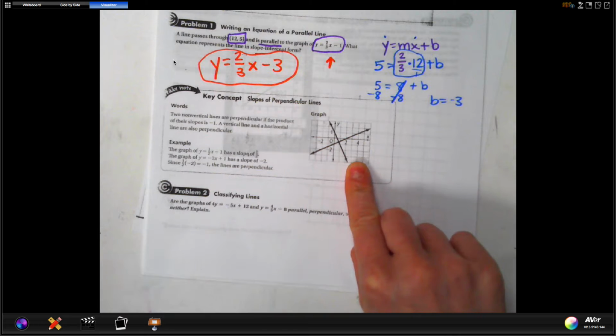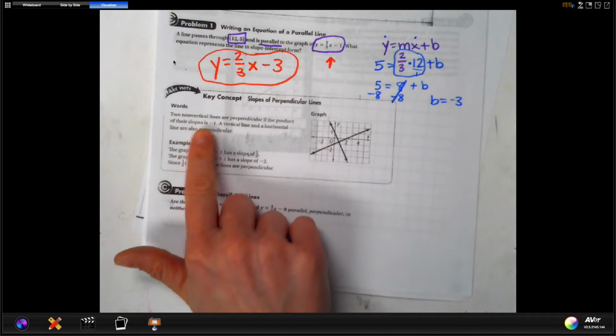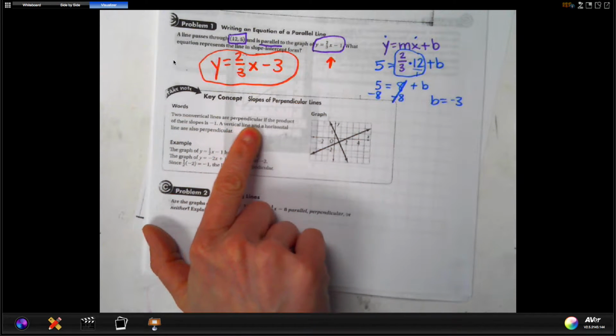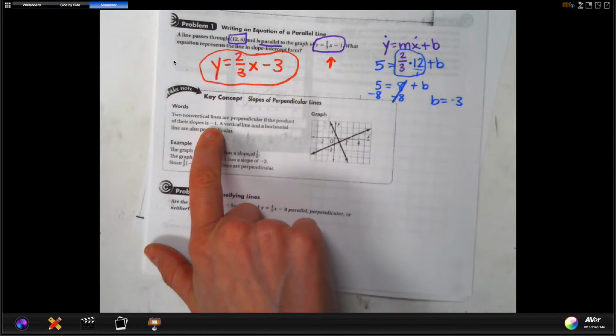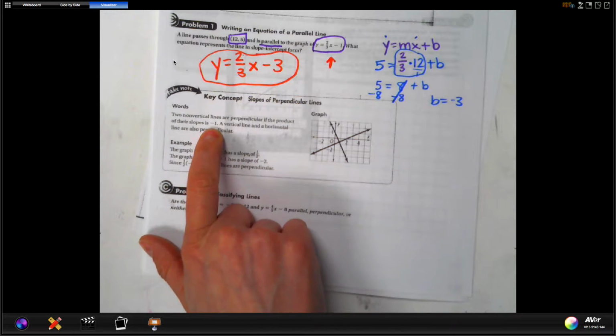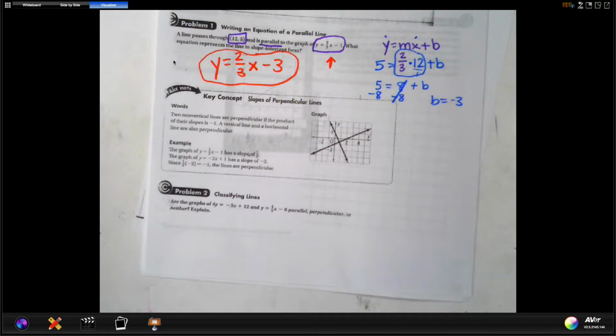Now the slope of perpendicular lines, here are the words: two non-vertical lines are perpendicular if the product of their slopes is -1. That's really hard to think about in words. What this means is the slopes have to be the opposite reciprocal, okay?